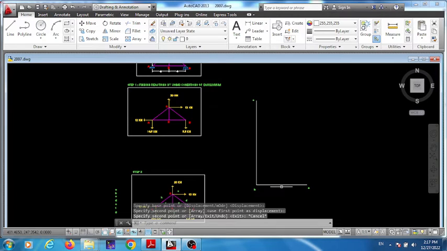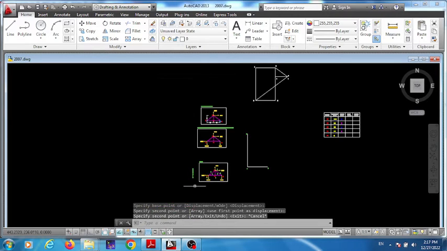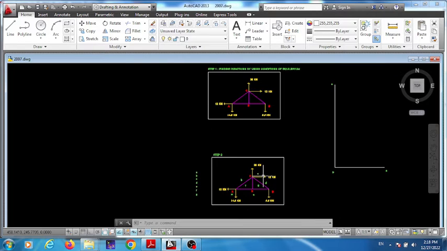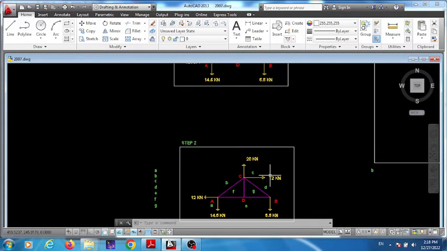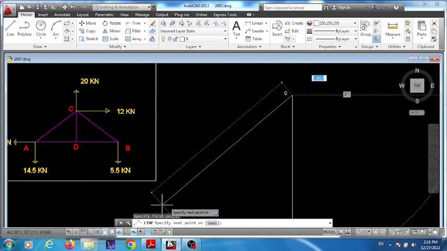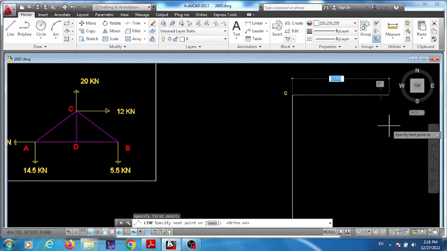Now I think you know between A and B there is a 12 kilonewton load on the left-hand side, so we have drawn 12 kilonewton. In between B and C, 20 kilonewton. Now in between C and D, once again we have to go to the right 12 kilonewton. So I will select once again and draw a horizontal 12.